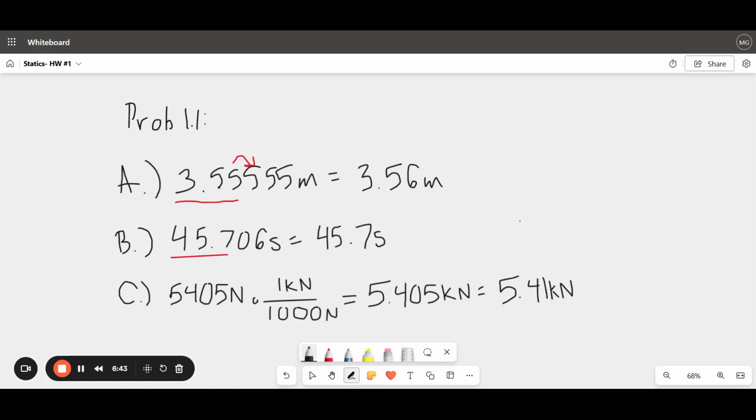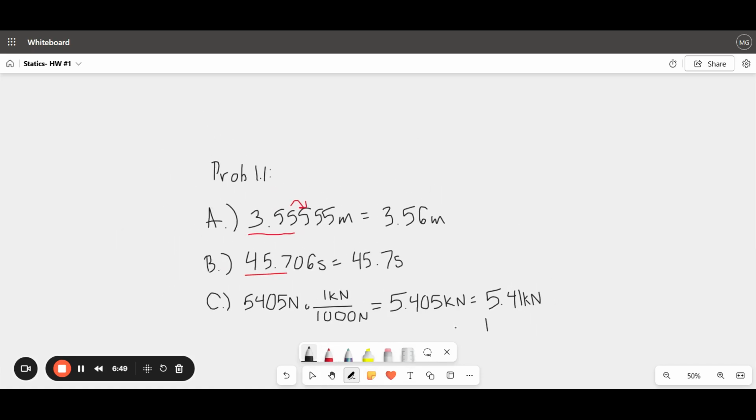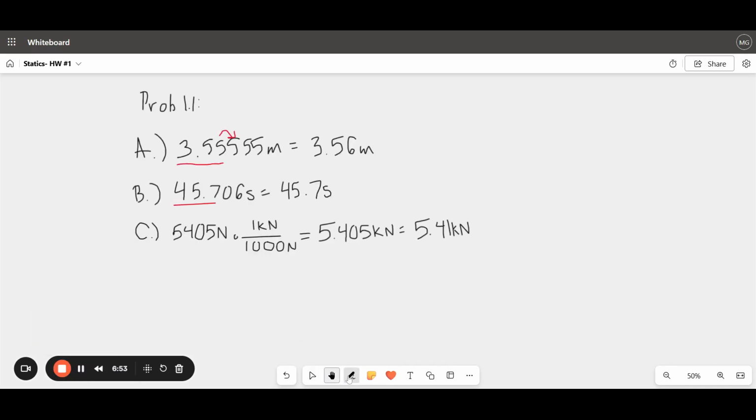And for the last part, I got 4,685 kilograms.